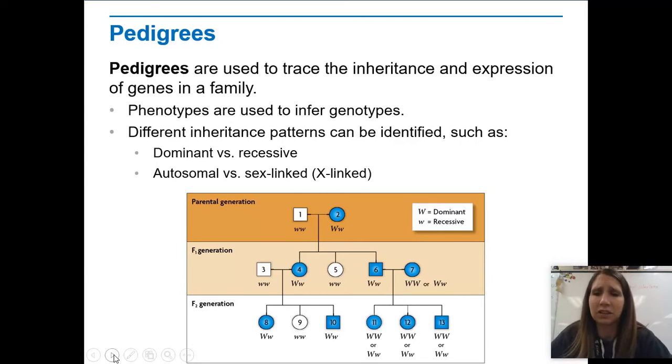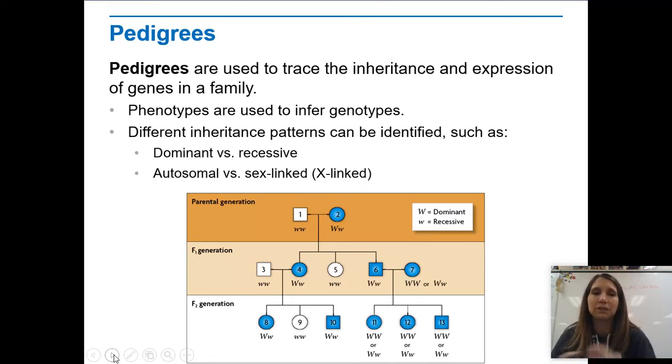I'm just going to ask you, okay, if someone's affected, who is that someone? How were they affected? Where did they inherit that from? And what type of trait might this be? Could it be dominant, or could it be recessive? Could it be autosomal, or could it be sex-linked? Those are really the two major questions that you get asked with pedigrees like this.